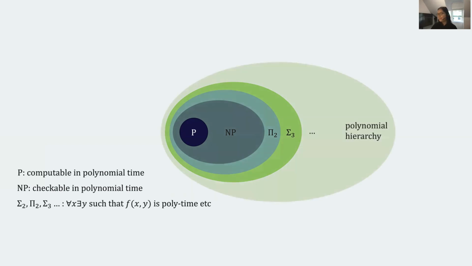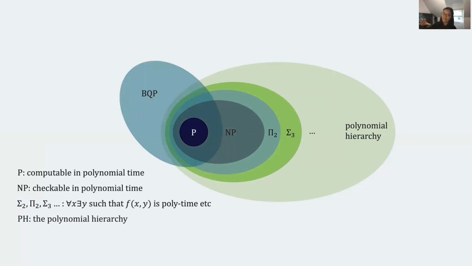When you take this to its limit, you end up with the class called the polynomial hierarchy. This is what classical computers could solve if you gave them a lot more power. And inside this entire picture, I will insert another circle, which is the class of functions solvable by a quantum computer in polynomial time.